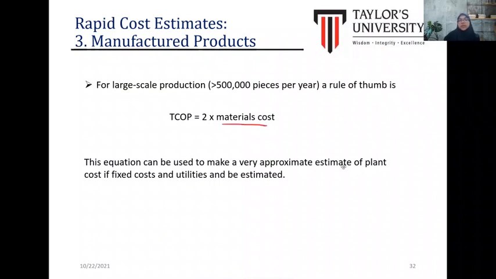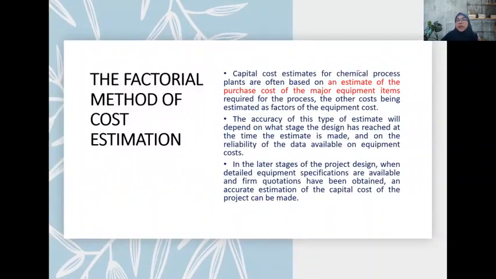This equation can be used to make a very approximate estimate of the plant cost if fixed costs and utilities can be estimated. However, the most typical method used is the factorial method of cost estimation.